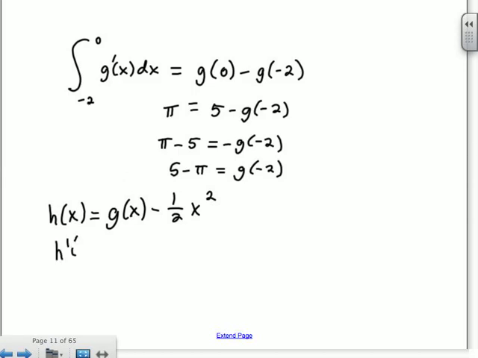Explain the reasoning. Basically, we want to know when h prime of x is equal to 0, right? So h prime of x would be g prime of x minus x, since the 2 goes to the front. We want to find when it's equal to 0.